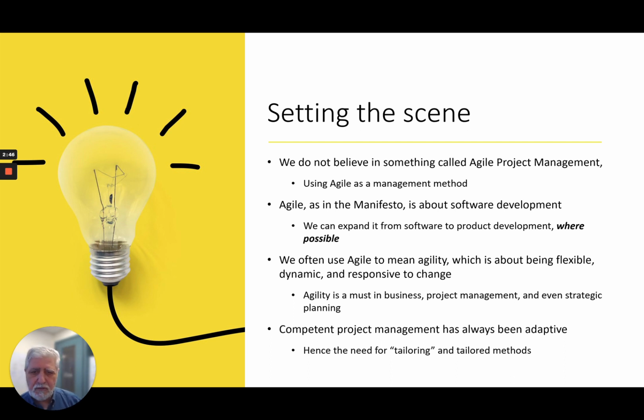Rigid is fragile. For an organization to succeed, it has to respond to changes, economic change, political change, whatever the case might be. So if we're talking about agile and we mean agility, no argument there, right? So our focus here is on agile as in project management or in development.